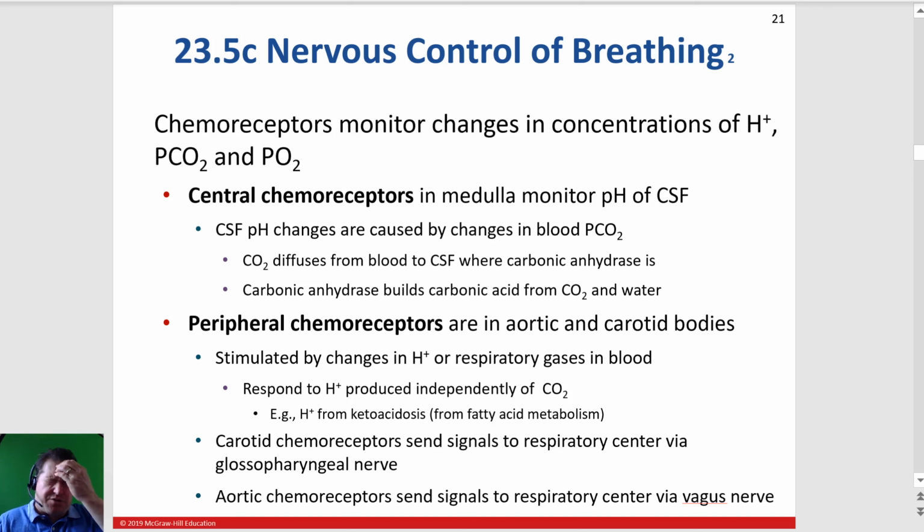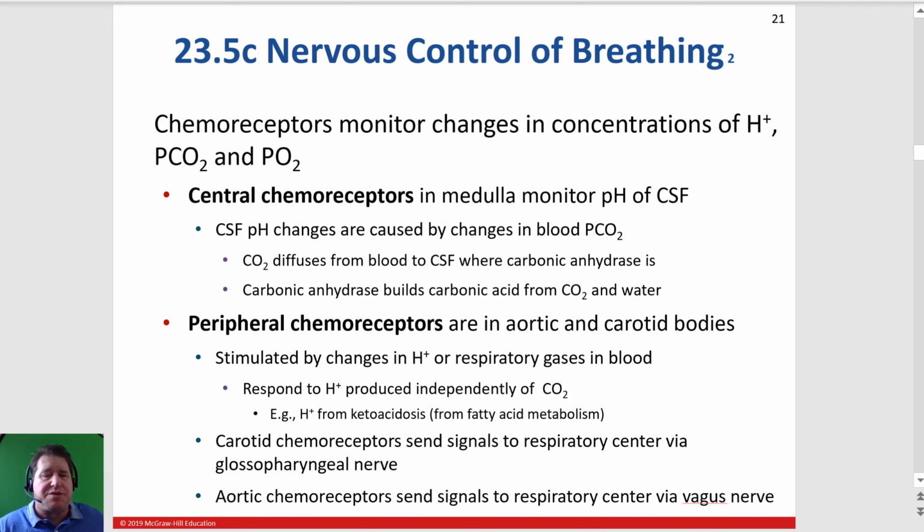And the carbon dioxide levels, of course, change with the ventilation of the lungs. So the CSF pH changes are caused by changes in blood partial pressure of carbon dioxide. How much carbon dioxide is there in there?